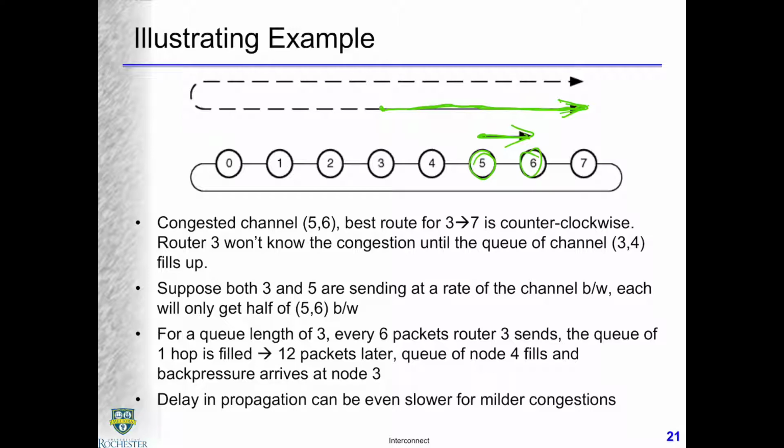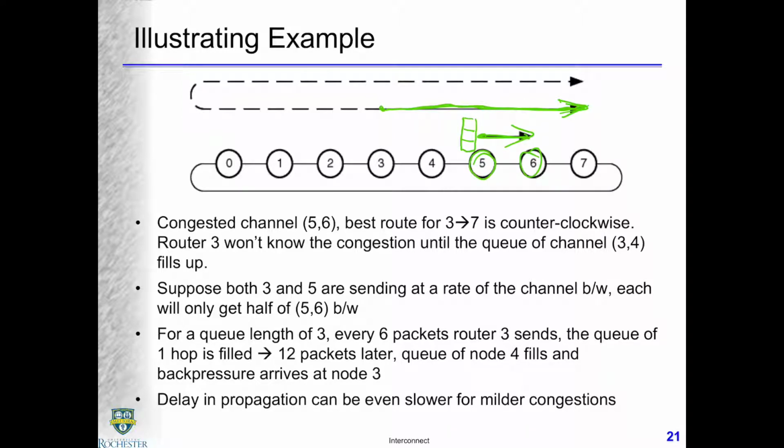Then at 5, I would start to accumulate, because at 5 I get 2 sources, whatever 4 sent to me and whatever I generate locally. So I have 2 packets per cycle. I can only send 1 per cycle, and therefore this queue would queue up.